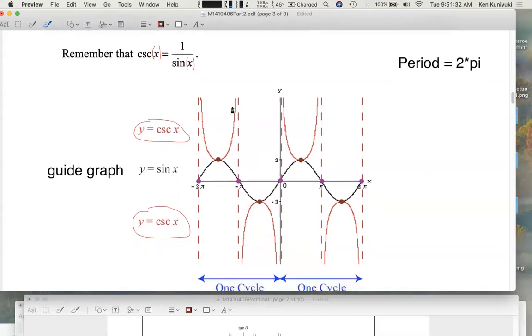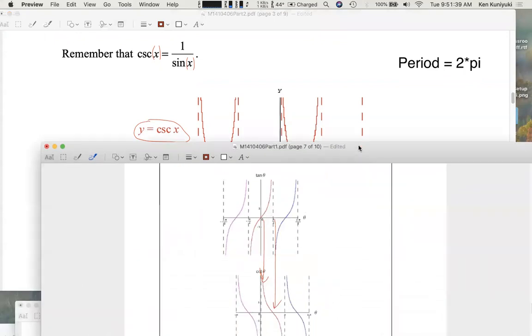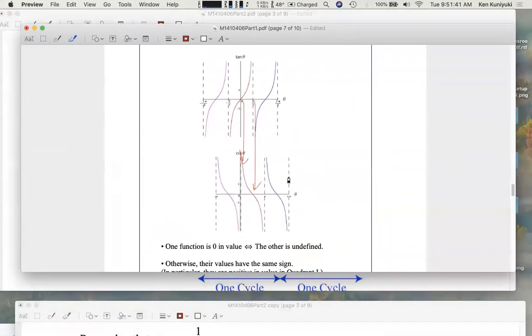Okay, now remember, cosecant of x and sine of x are a pair of reciprocal trig functions. So let's go back to tangent and cotangent, and let's talk about the relationships we saw there. Remember that, informally speaking, 0 and undefined are reciprocals of each other in basic trig. So for example, when tangent is 0, when we have an intercept over here, that corresponds to a VA for the cotangent graph.